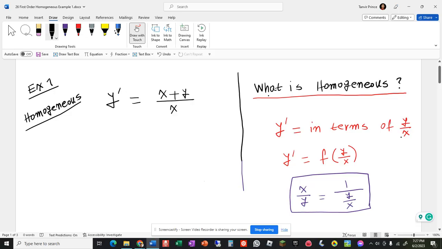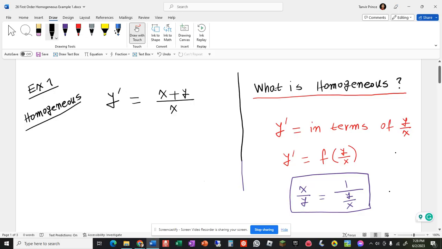On the right hand side, you can write everything in terms of y over x. So y over x is always together; y and x are not separated. In other words, y prime can be written as a function of y over x. It is helpful to remember that x over y can be written as 1 over y over x. So sometimes that is helpful.